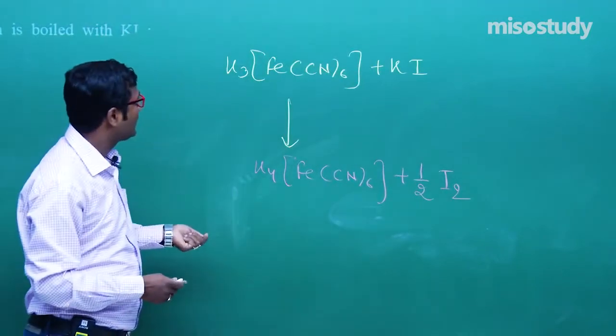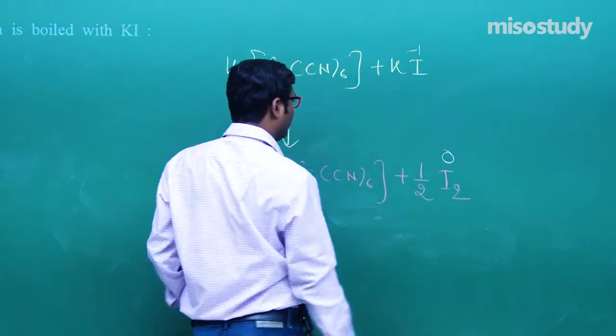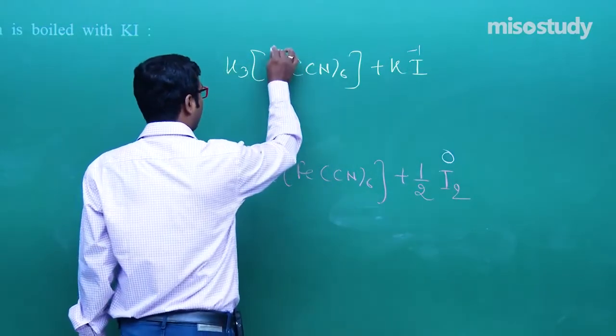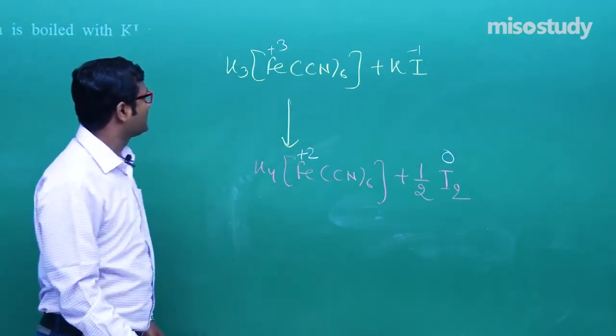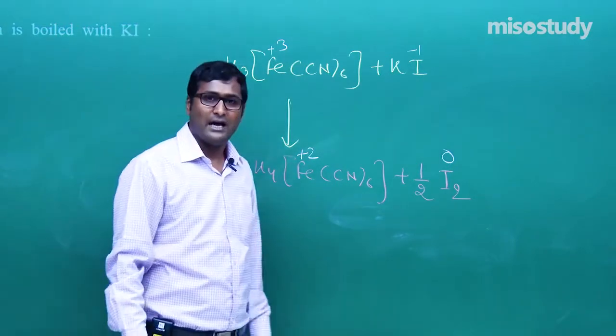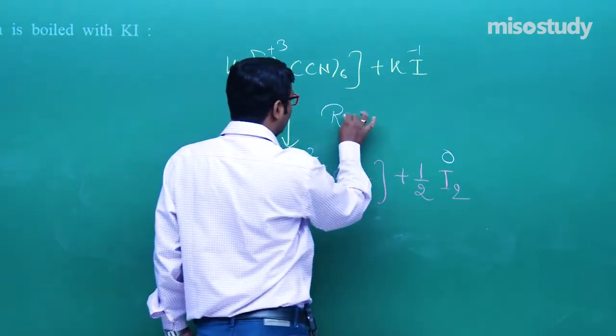So in this case, look at what will happen here. Iron goes from +3 oxidation state to +2, and iodine goes from -1 oxidation state to 0. That is reduction and oxidation taking place, so this is definitely a redox reaction.